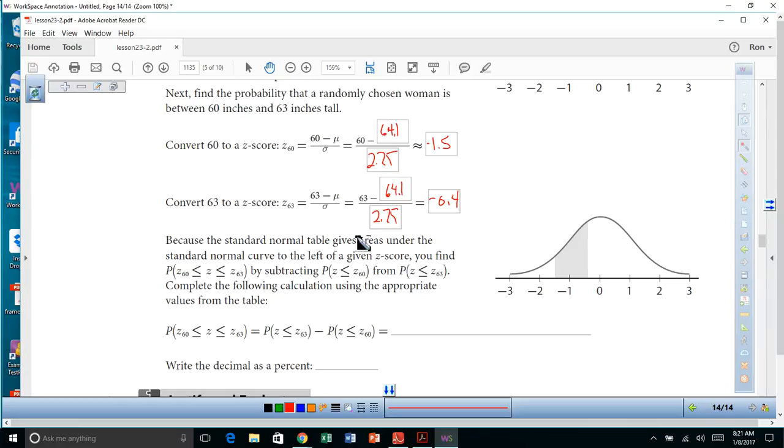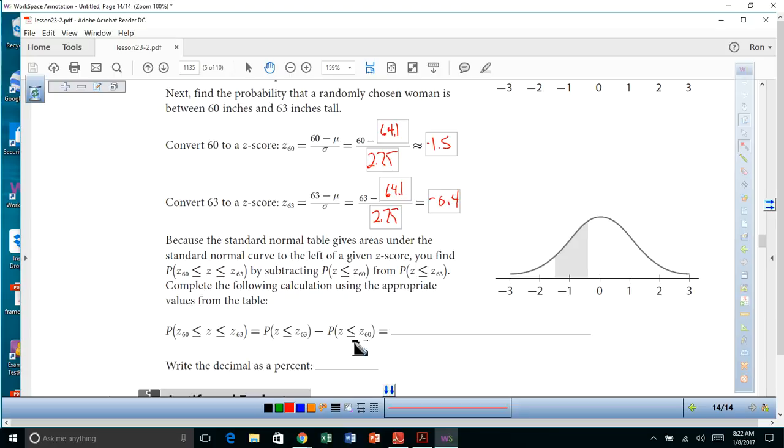Because the standard normal table gives the areas under the standard normal curve to the left of a given z-score, you find the probability that z sub 60 is less than or equal to Z is less than or equal to z sub 63, by subtracting the probability that Z is less than z sub 60 from the probability that Z is less than z sub 63.